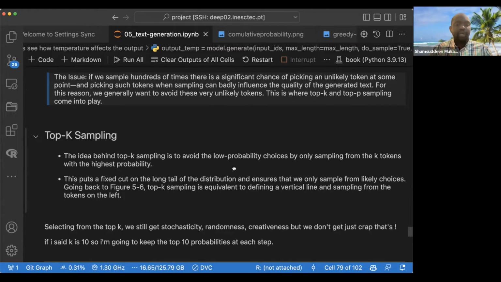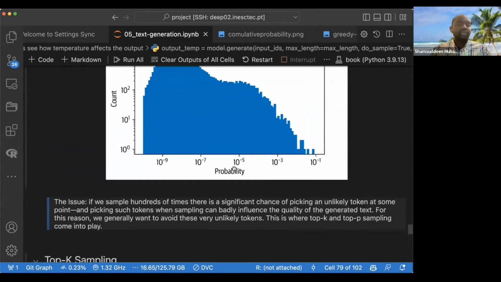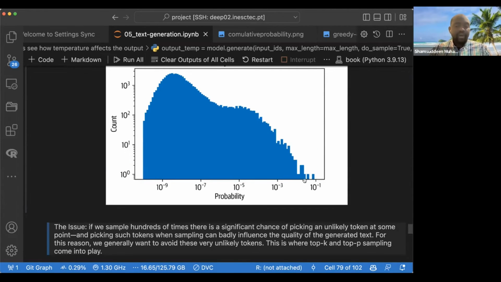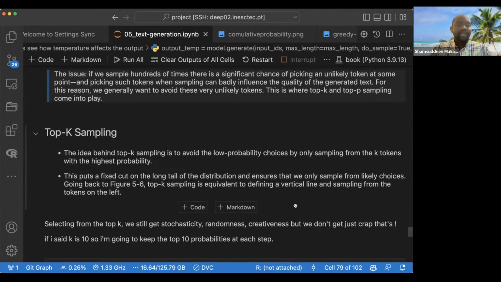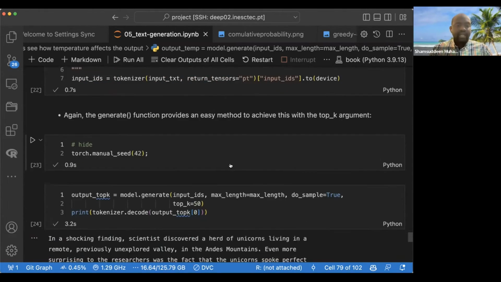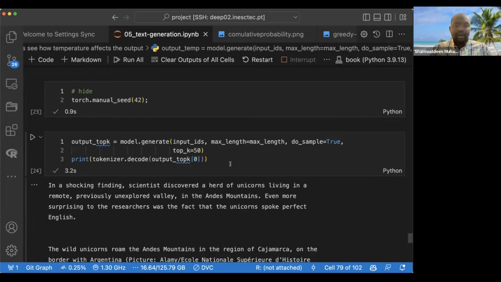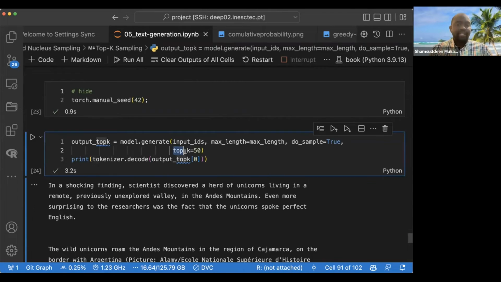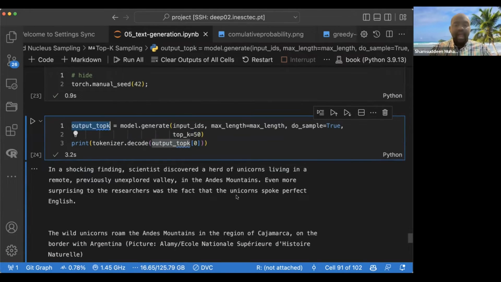The idea behind it is to avoid low probability choices by only sampling from the top K tokens with the highest probability. So we select from the top K, the ones with the highest probability. Since this is an extension of the other method, here we just provide the argument top K equals 50. We call this, and now we do sampling.